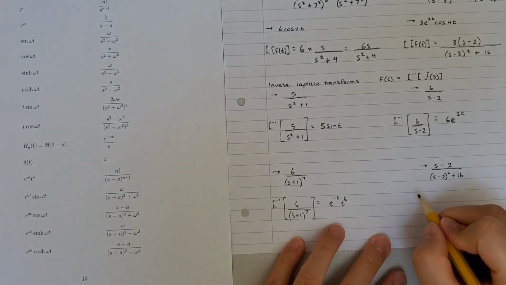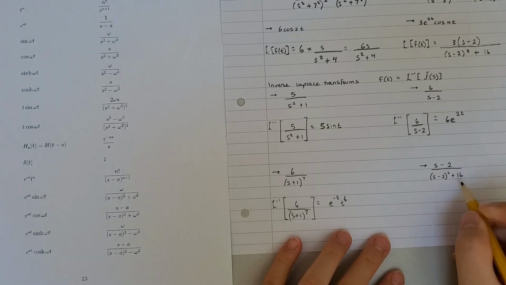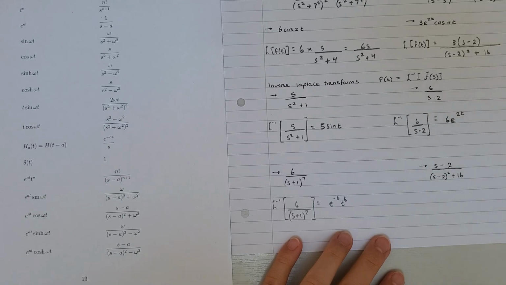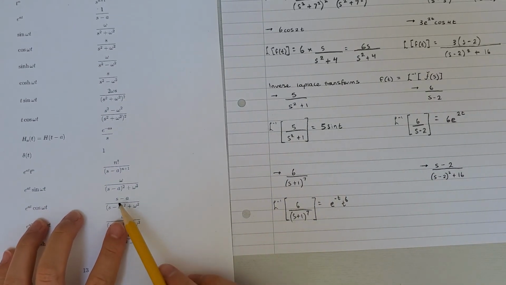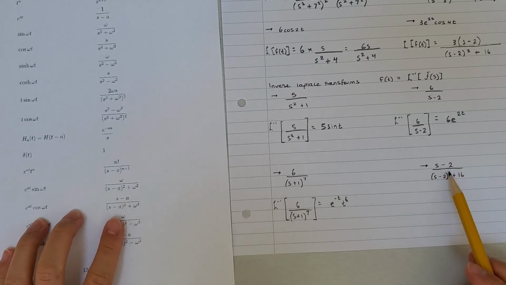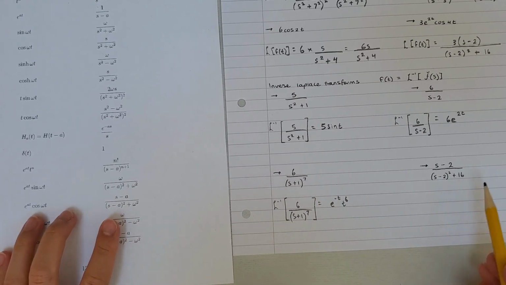The next one, we have s minus 2 over s minus 2 squared plus 16. So the one that jumps out to me is this cosine one down here. So we have s minus a to the power of 2 plus w squared, where w could be 4.